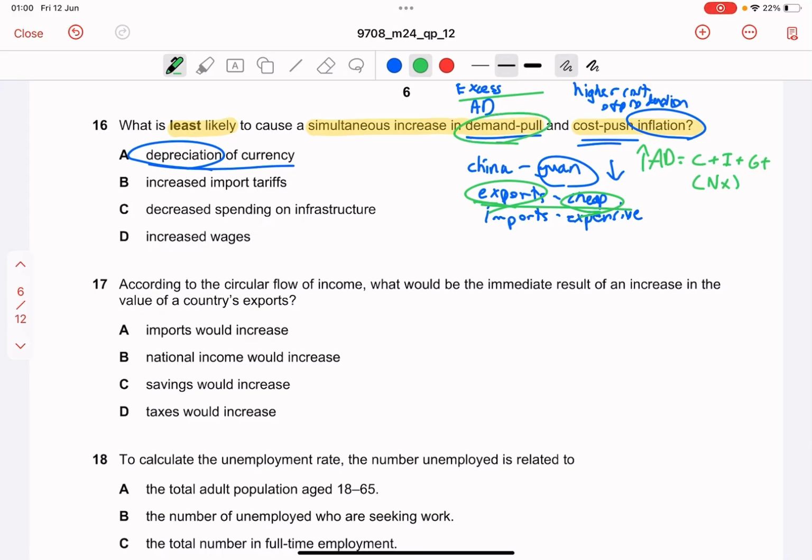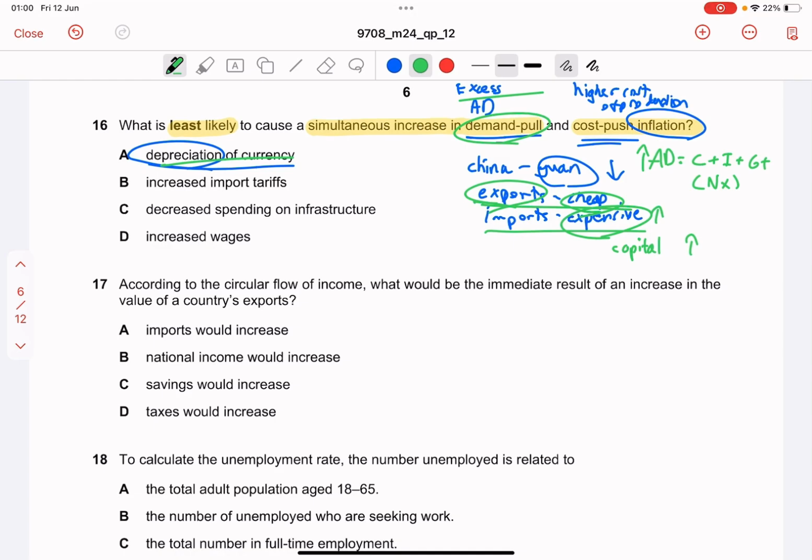And if imports are more expensive, for example, let's say you import capital machinery to make your goods, then your cost of production will increase because of your depreciated currency.